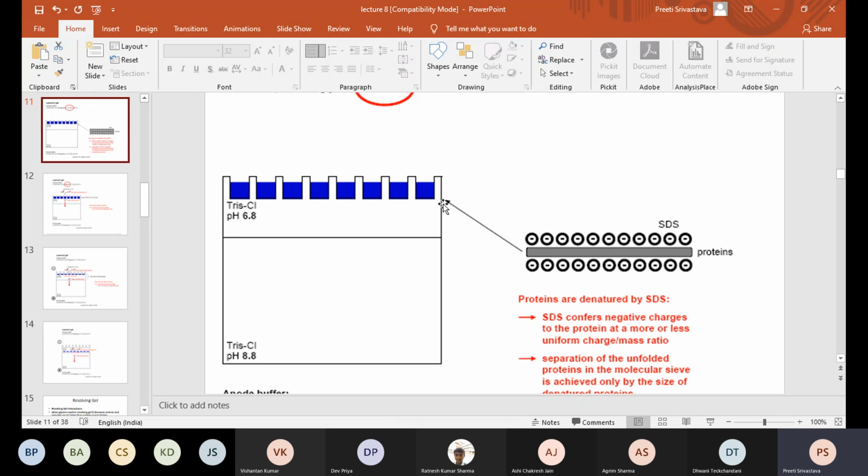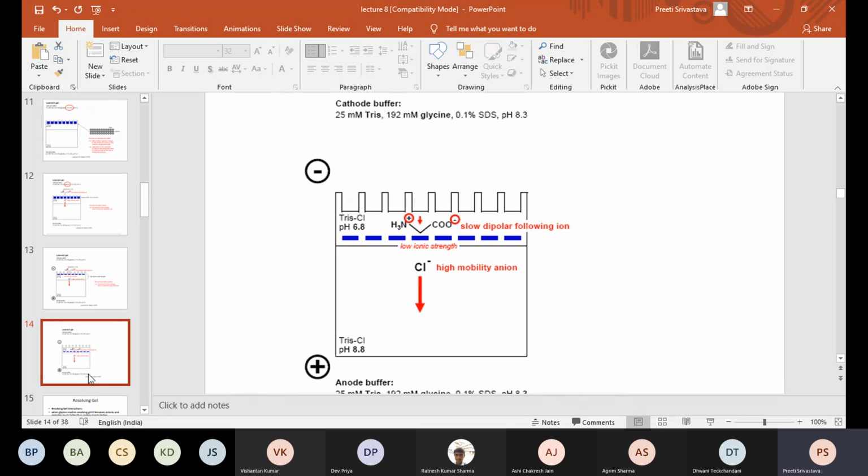If the stacking effect is not created, then the protein which is just touching the bottom of the well will start migrating ahead, and the protein which is just at the top of the well will lag behind. So they will not be together, and that is why the resolution will not be nice. It will be fuzzy like a broad band. Is this making sense?